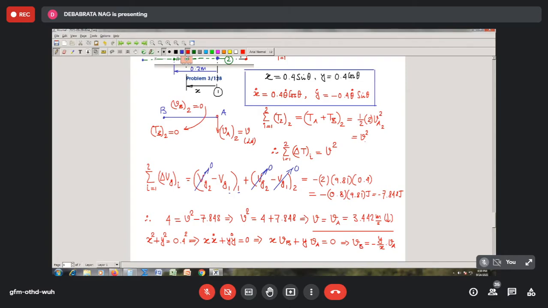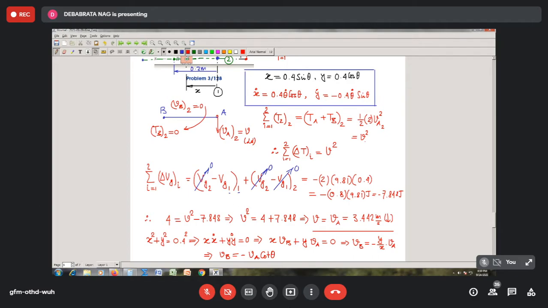So if you are to find this as a function of theta, you can see that the velocity of block B can be written as minus y, which is 0.4, by x, which is 0.4 sine theta, so this is basically equal to minus cot theta into VA.